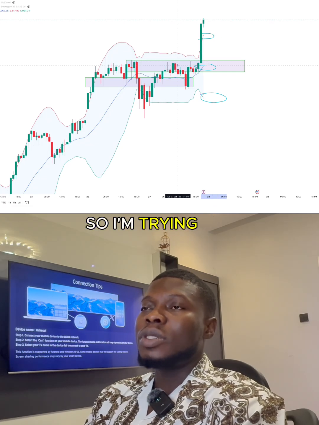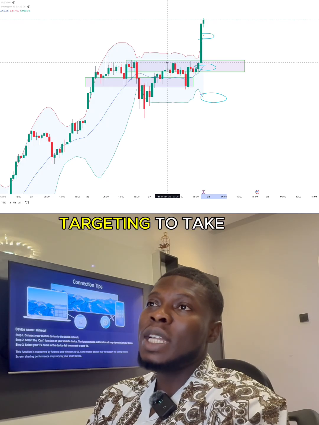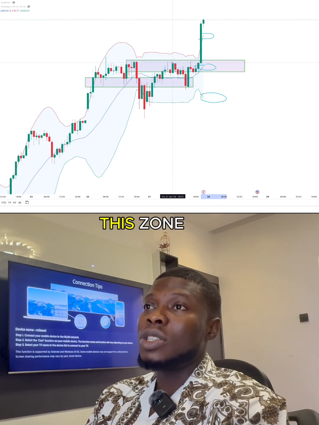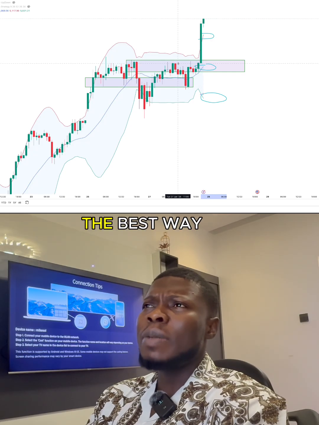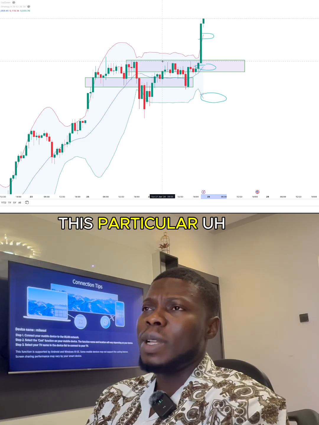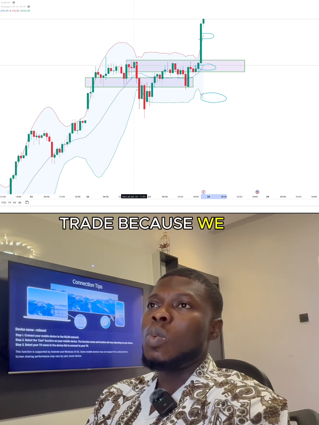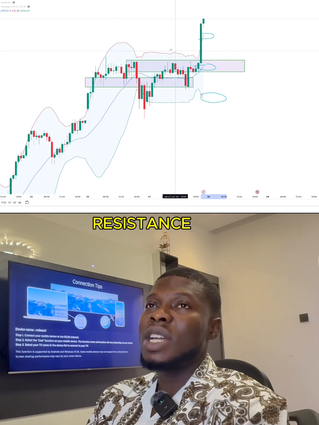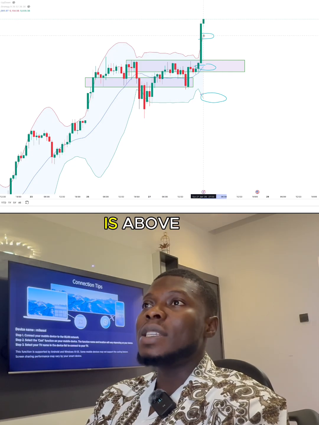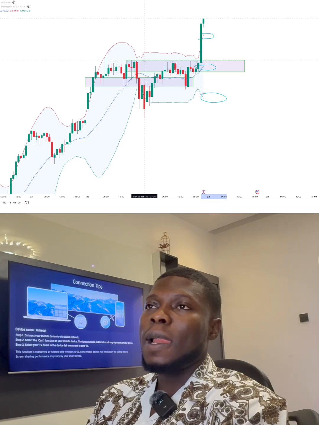I'm using this 1 hour for my analysis. When I was targeting to take this trade at this zone and my indicator is showing me a different thing, the best way is to avoid this particular trade, because we had our first change of character and the next resistance which the indicator is giving me is above the area of this fair value gap.